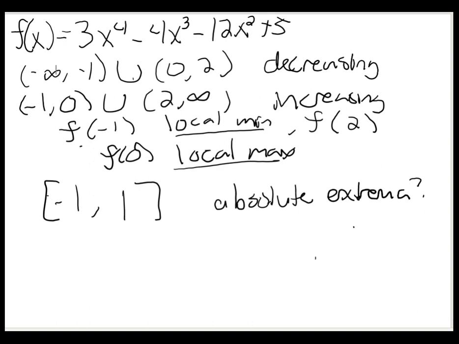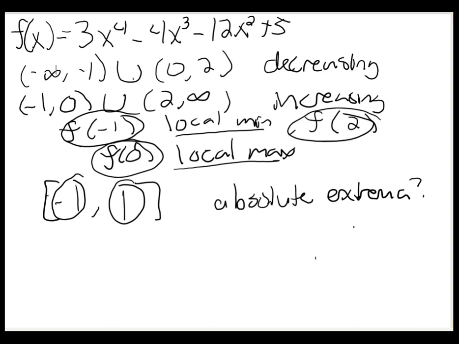So really, all we have to do, because that still doesn't account for the endpoints, is we need to check these endpoints. What are their y values? And we need to check all these local extreme values to see what their y values are. Now this one we don't have to check because 2 is not in the domain.